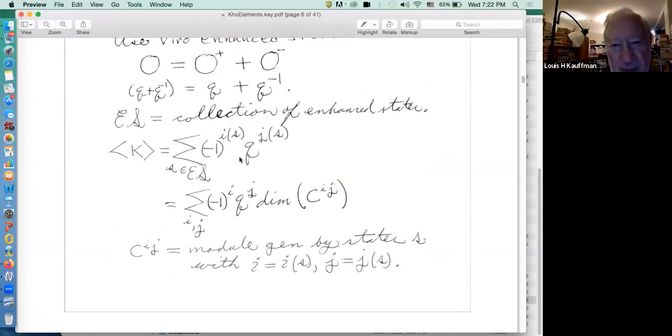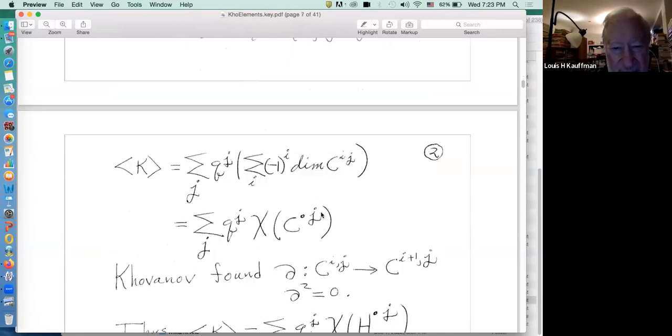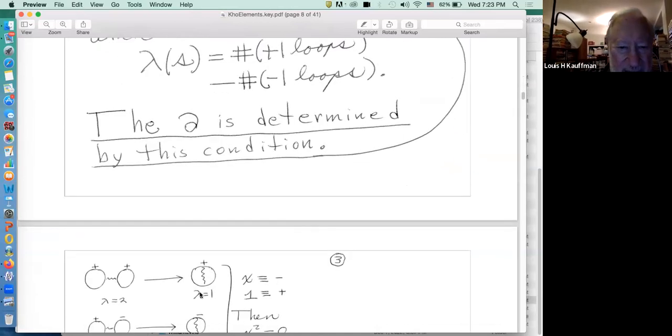And I'm going to think about the bracket sum as a sum over all possibilities for the i's and the j's, -1 to the I, Q to the j, times the dimension of Cij. That's just the number of states that have an I and a j. Any given state has an I and it has a j. Like, let's take this state here.